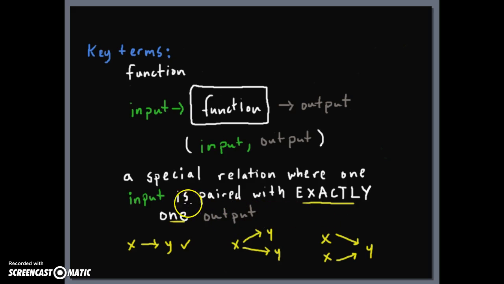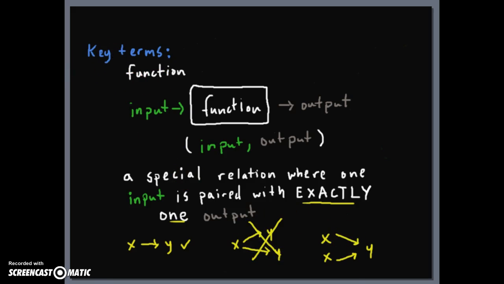It doesn't say that two different inputs cannot be paired to the same output. It doesn't say that anywhere. So in this third example, it is also a function because this x is paired to only one y, and this x is paired to only one y, and it just happens to be the same y. So function, not a function, function.